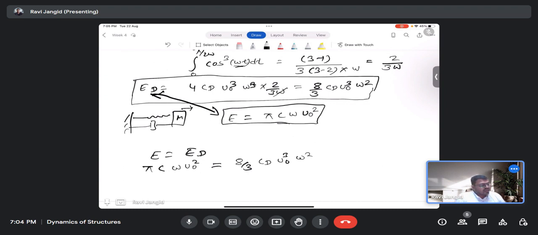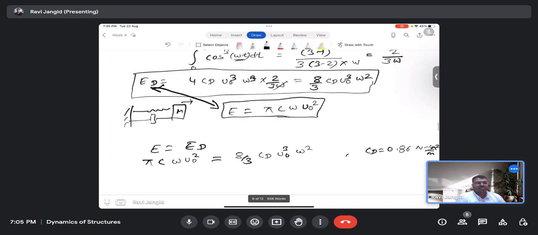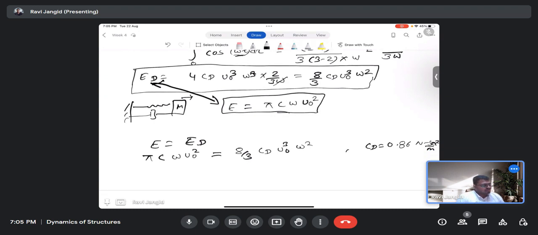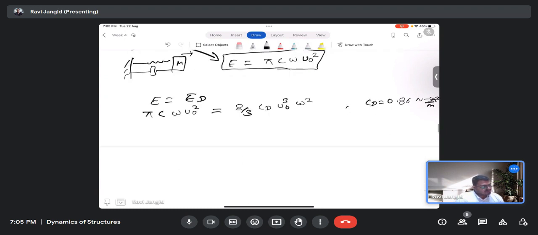And cd is given to me as 0.86 newton second square per meter. So from here I can find the value of c.